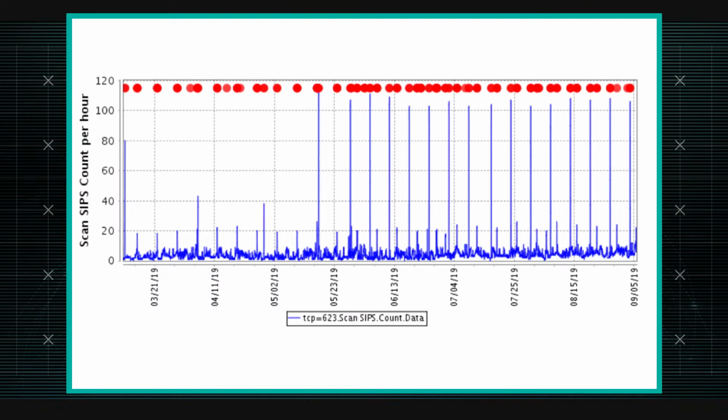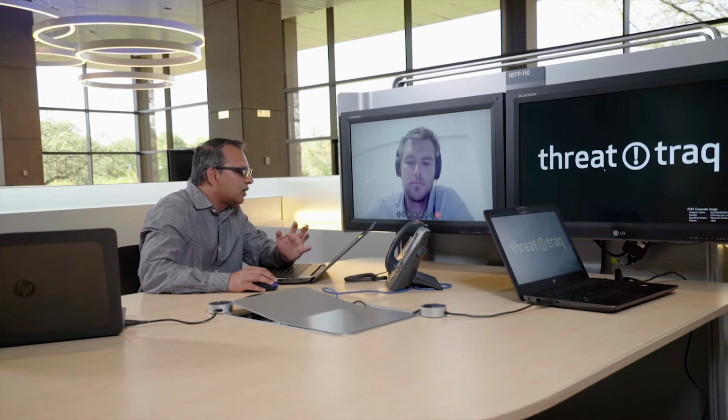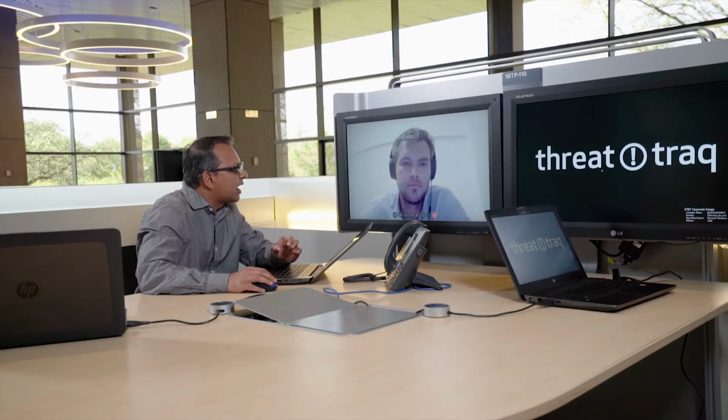The graph can be read this way: the y-axis is the number of unique scanners. For example, in the third week of May we have close to 120 scanners at the time, and then it tapers down. On average, there are about 10 to 12 scanners at any time on this port.